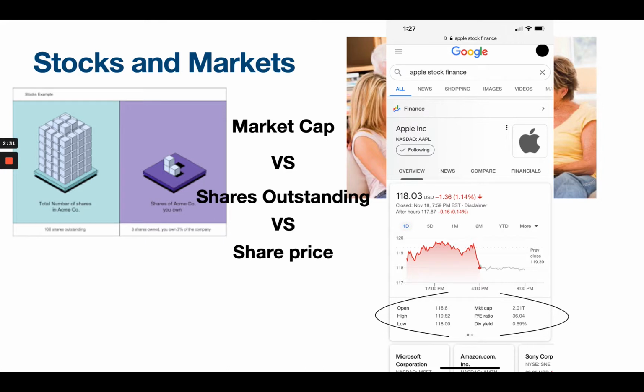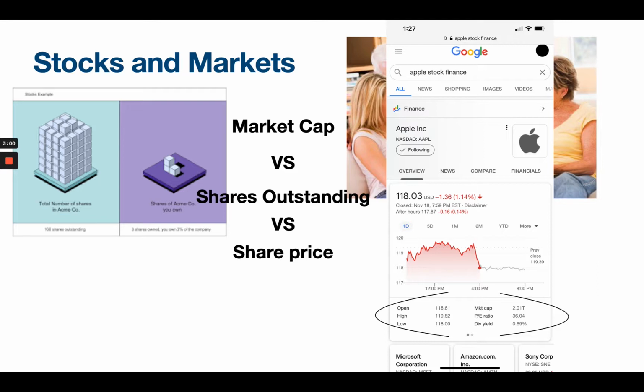So you can see 118.61, and then the share price above is 0.03 lower, so that's why you see that downtrend in the graph there. High and low is representative of the stock price over the past 52 weeks. So you can see that the high price was 119 and the low price was 118.